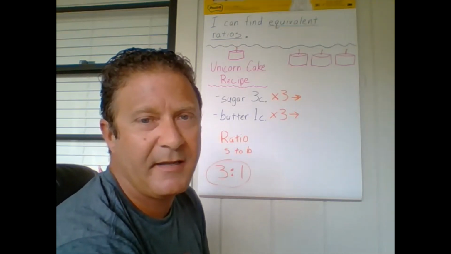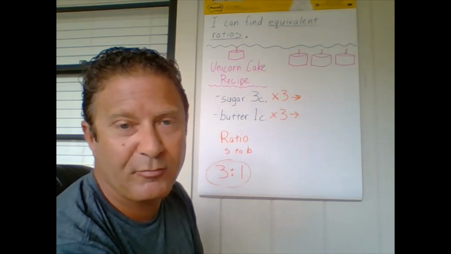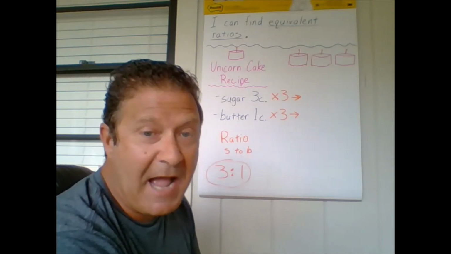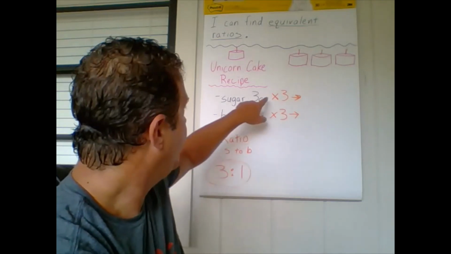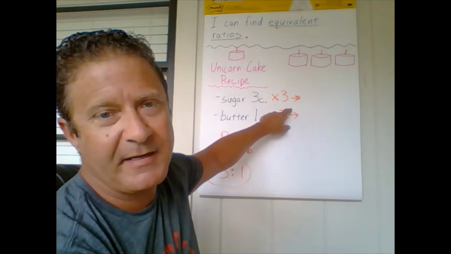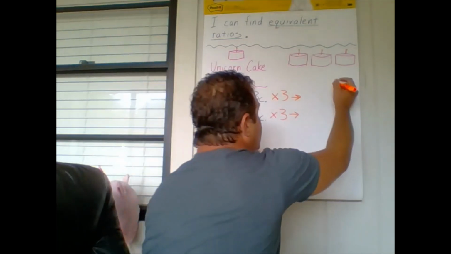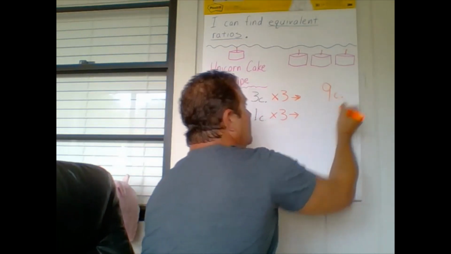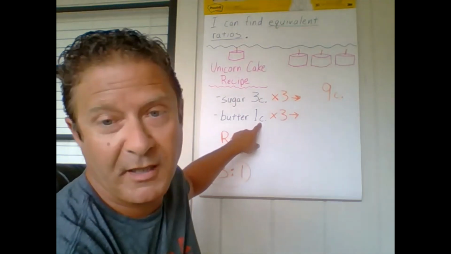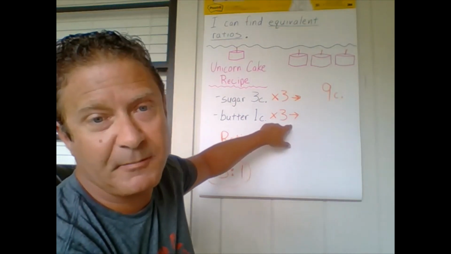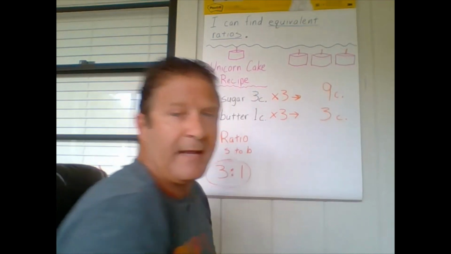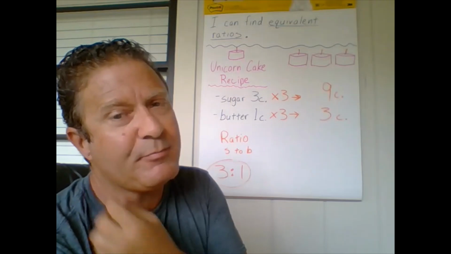If I'm going to take my 3 cups of sugar and make 3 cakes, I'm going to need 9 cups of sugar, or 3 times 3. So now to make 3 cakes instead of 1, I'm going to need 9 cups of sugar, and I'm going to need 1 cup of butter times 3. I'm going to need 3 cups of butter. And to get those numbers, I just multiplied each part by 3.